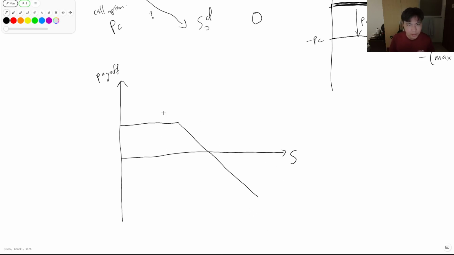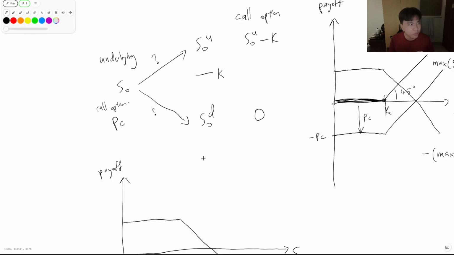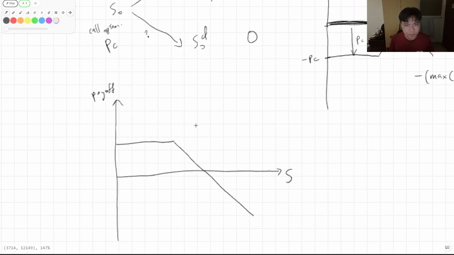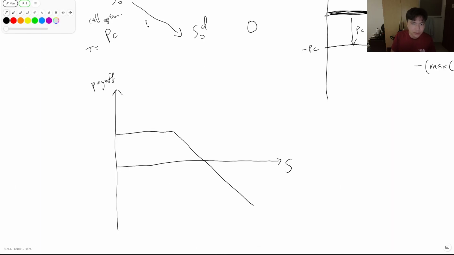And in the one period binomial model, there's only two possibilities for the price in the future, right? So t goes to 0, this t goes to 1. There's only two possibilities, so we are actually only concerned about 2 points on the graph. Suppose one of the points is here, that's S not d, and another point is over here, S not u.